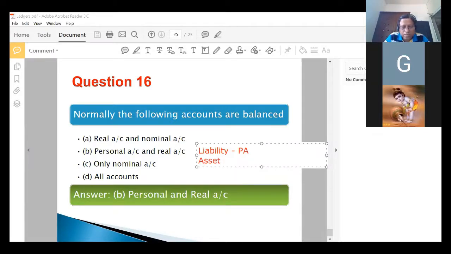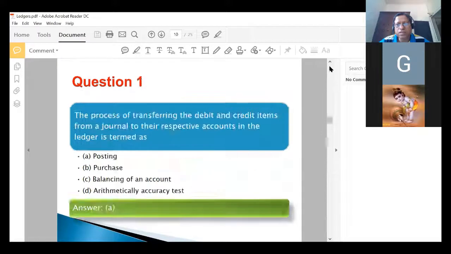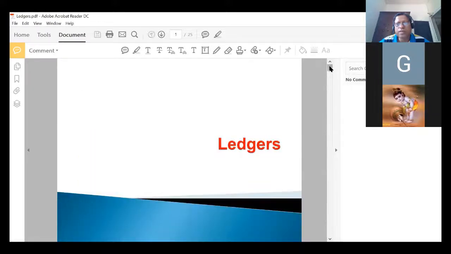Asset is a real account. So these need to be balanced because the balance sheet will always balance liability versus asset. That is what is called ledger as concerned. We'll be moving into the trial balance now.